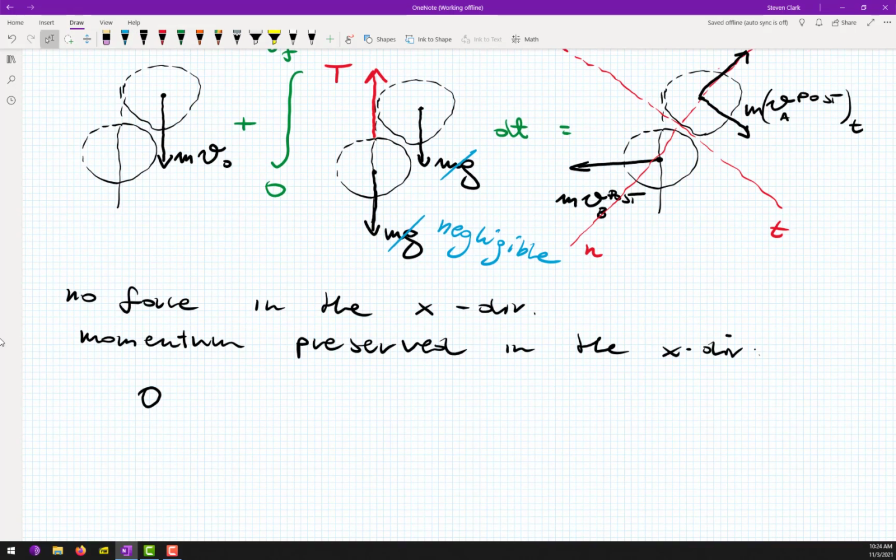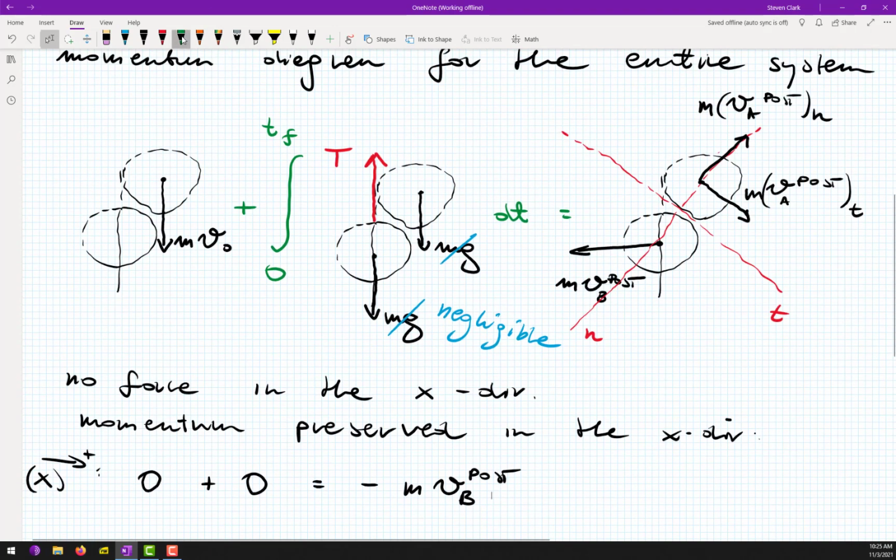So we have 0 plus 0, and this is equal to, let's define our positive direction, this one. So that will be minus MVB post. And we have to do some projections here, yeah? So this green guy will be this component, and this red guy will be this component, okay?